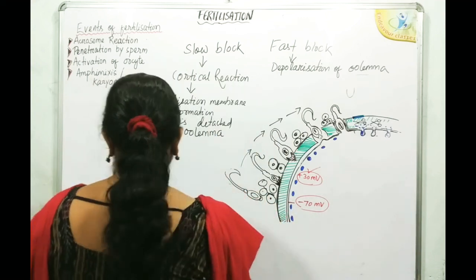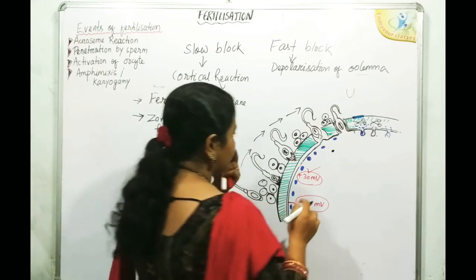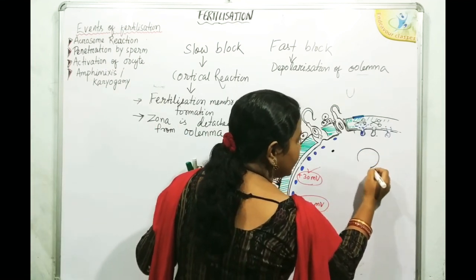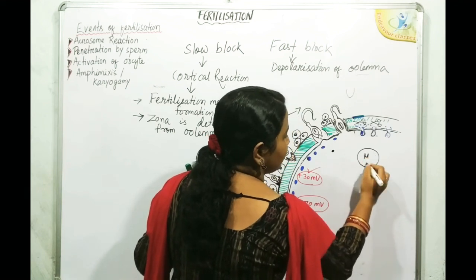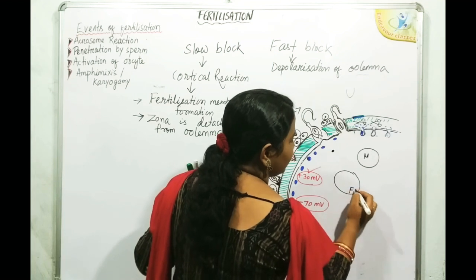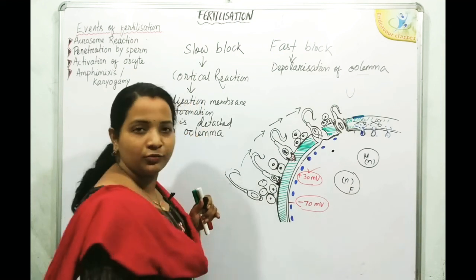Suppose this is the proximal centriole, and this is the large male pronucleus and this is the large female pronucleus. This contains haploid chromosomes and this also contains haploid chromosomes.